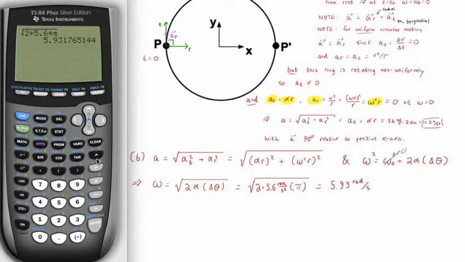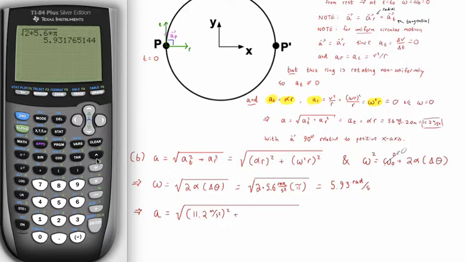Then we can go ahead and plug in everything to find our total translational acceleration. We'll go back to the equation above, but plug in numbers. So what is that going to look like? Well, we're going to have our alpha r, and we already know that alpha r is 11.2, so that hasn't changed. I can just plug that in: 11.2 meters per second squared, and then that's going to be squared.